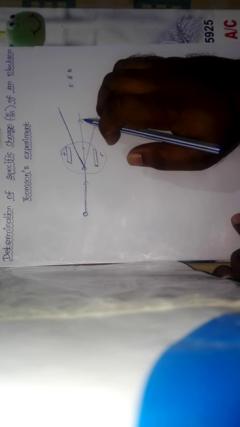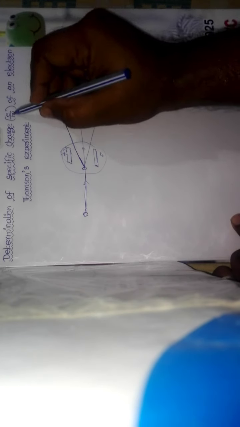The unit of e by m is charge, coulomb, per mass, kilogram, that is C by kg, that is coulomb kg power minus 1. So the principle of this experiment is that the cathode rays are deflected by electric and magnetic fields.